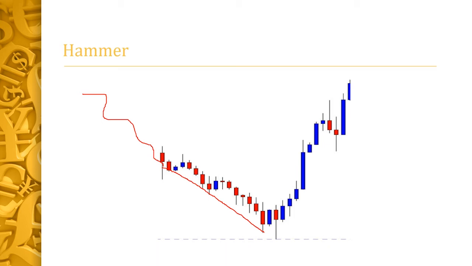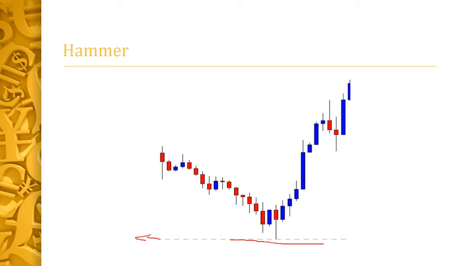So we had this downtrend here, and at the end of this trend we got this hammer down here, and that hammer appeared also at the support area. This line down here is our support. Looking to the left, we don't see the whole chart here, but this line down here was our support.